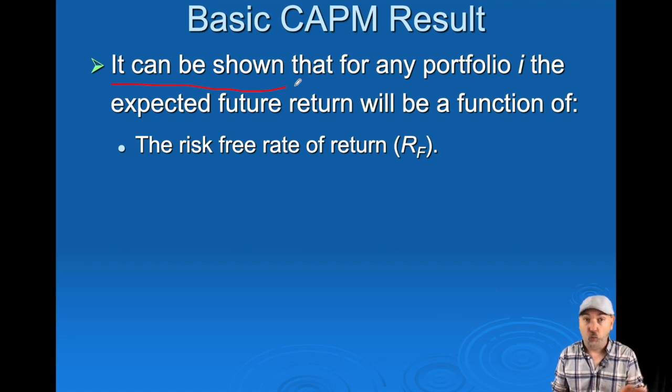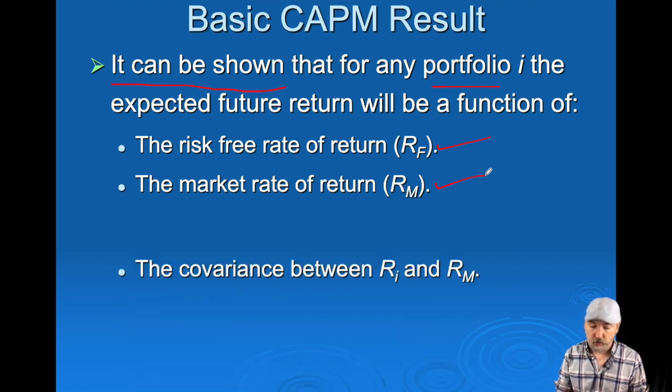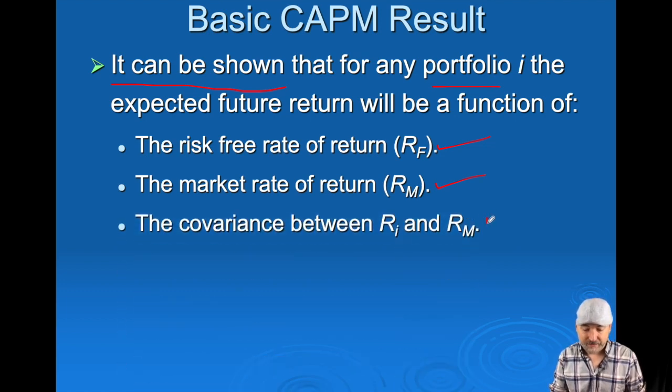So it can be shown, we're just not going to show it, that for any portfolio or asset i, the expected future return will be a function of these components: the risk-free rate of return, the total market return, and, here's the key, the covariance between the return on asset i or portfolio i and the market as a whole.